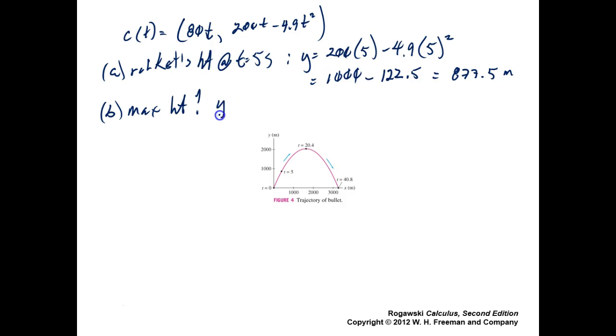So y prime would then be, for this y, 200 minus 9.8t. Very good.